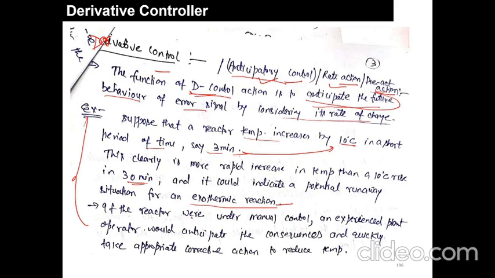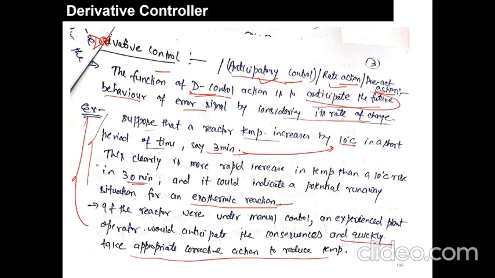If the reactor were under manual control, an experienced plant operator would anticipate the consequence and quickly take appropriate corrective action to reduce the temperature. So what does it mean? What is the use of the derivative controller?